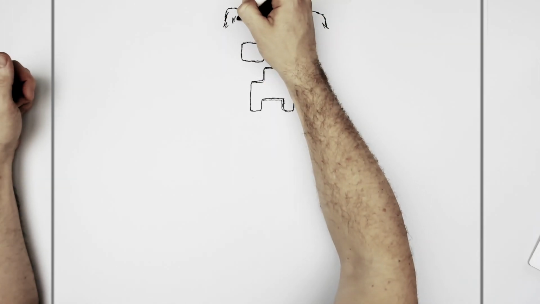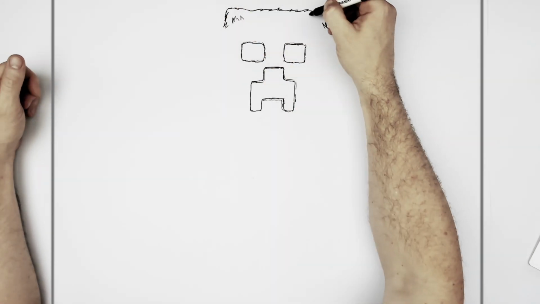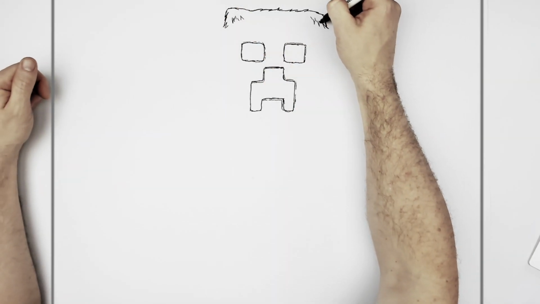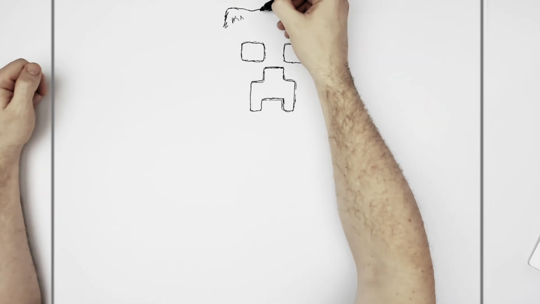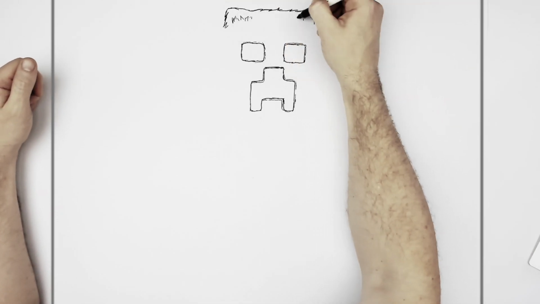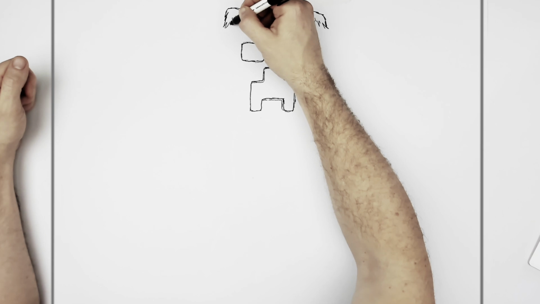You might have some little textures just in the corners here, like he has a fringe. So just little sort of spikes and textures there as well.